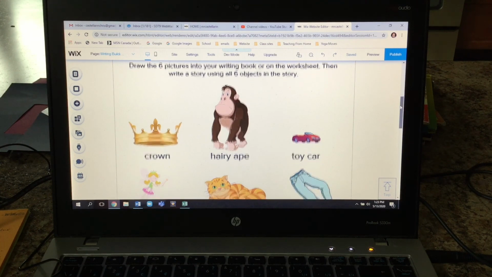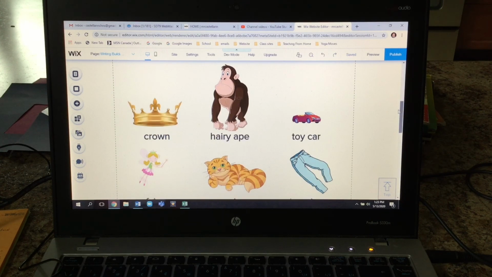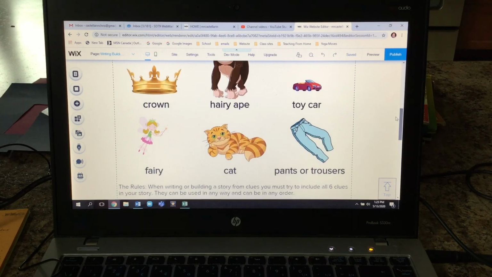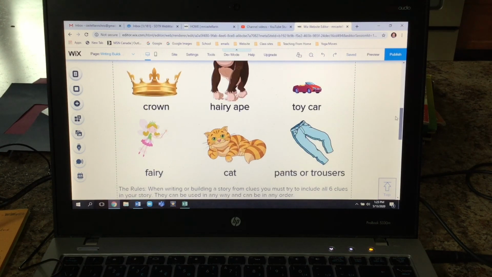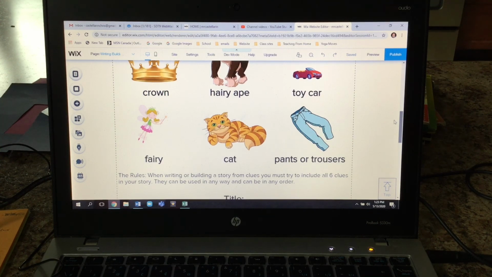So just to refresh your memory, we had a crown, a hairy ape, toy car, a fairy, a cat, and a pair of pants, or trousers is another name for pants. So the rules are, when writing or building a story from clues, you must try to include all 6 items in your story. They can be used in any way and can be used in any order.